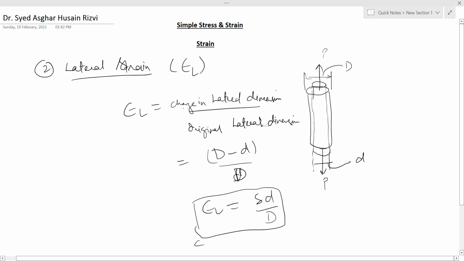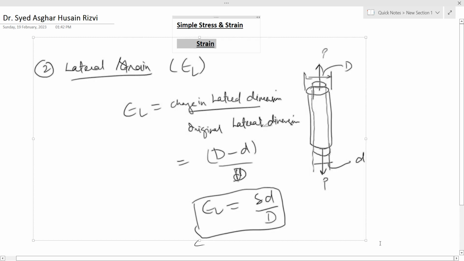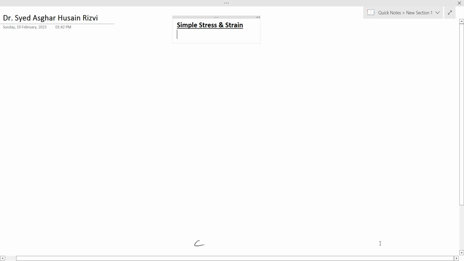The third type of strain that is developed in the body is shear strain.